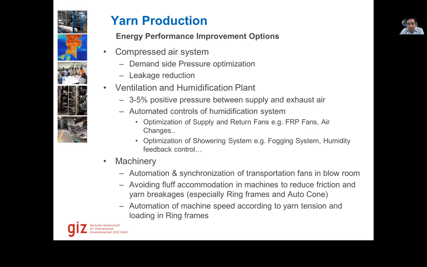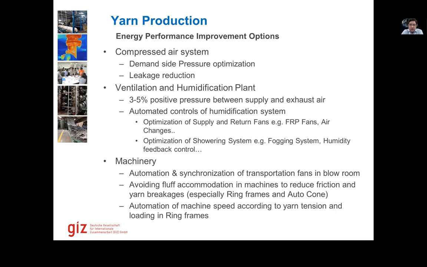So the options here are optimization of supply and return fans. For example, we can go for lightweight fans. If you have metal fans, we can go for fiber reinforced plastic or plastic fans. We can also see if they are supplying too much air, more than 5%, or exhausting too much air, and then we can slow down the exhaust fans. That is how we can do the optimization.